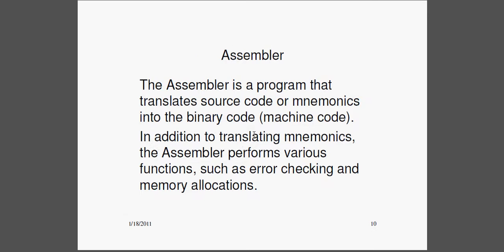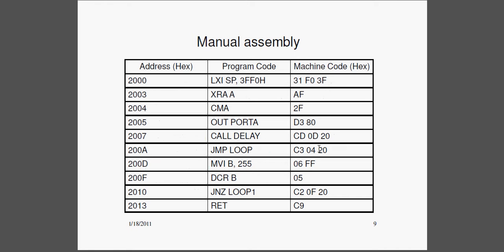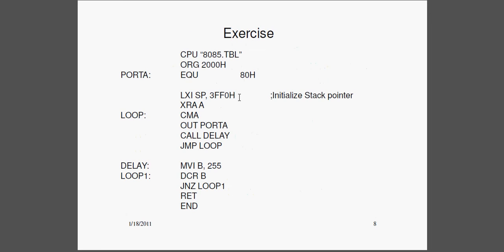So while compiling, while the assembler is changing from the assembly code to the machine code or hex file, it also does a few extra things where it checks if there is an error in your code. An error such as you forgot the comma here, or you forgot the semicolon before you write the comments, or you forgot to put the colon here.